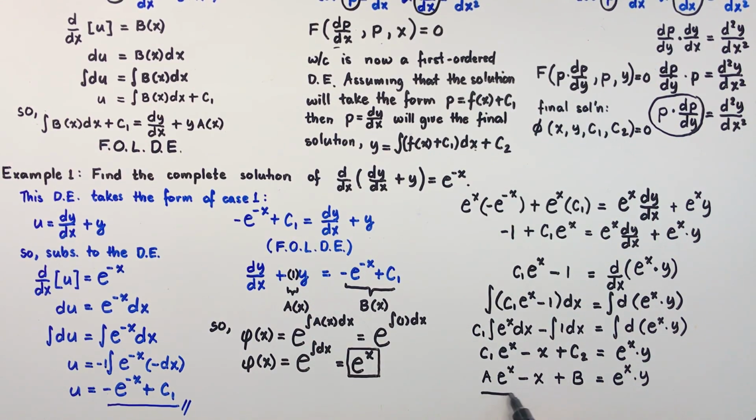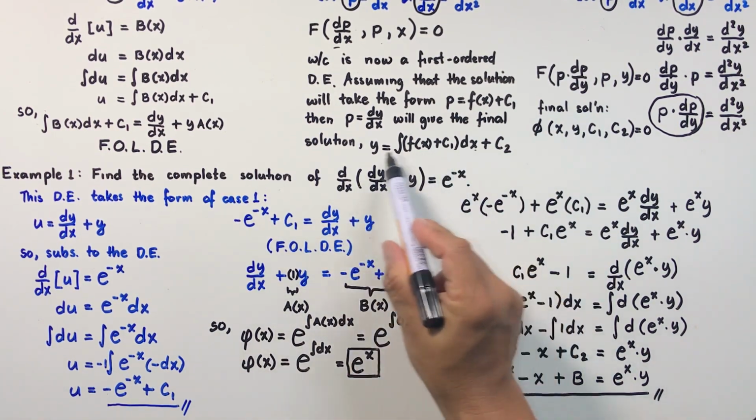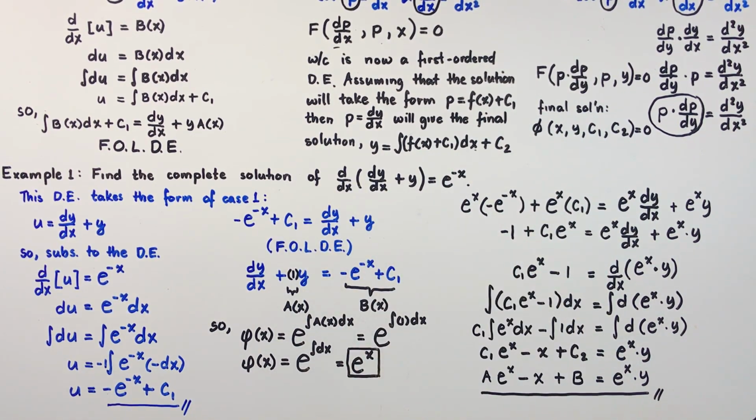And this is our solution for this second order differential equation, that we solve by reducing the order to the first order and then substituting back our representations, then solve again for the resulting equation.